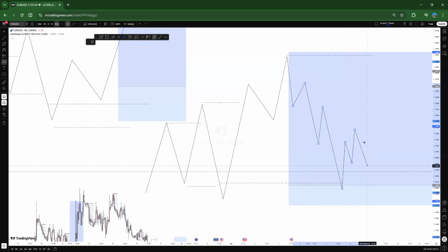Then you see price, after it takes this particular one out, like this, might decide to do something like this, come like this, take this particular one out again before continuing. There's a scenario where price will just come here.